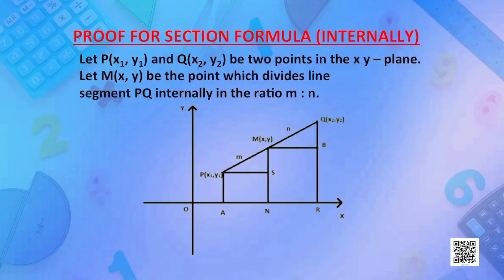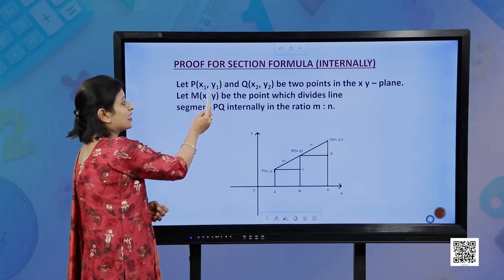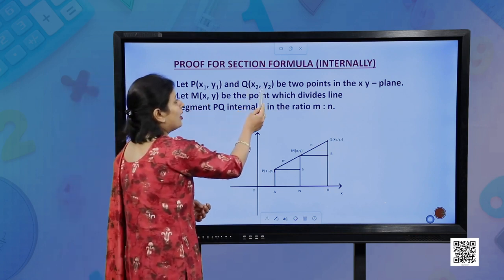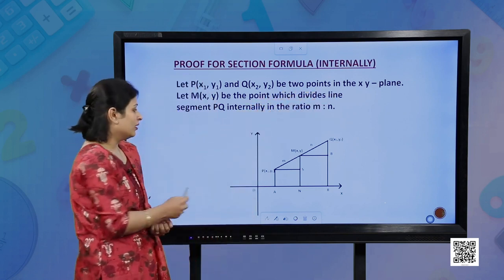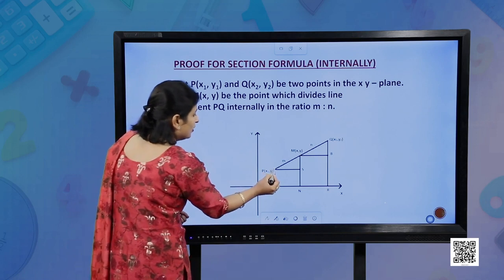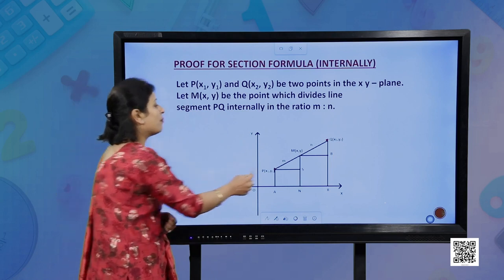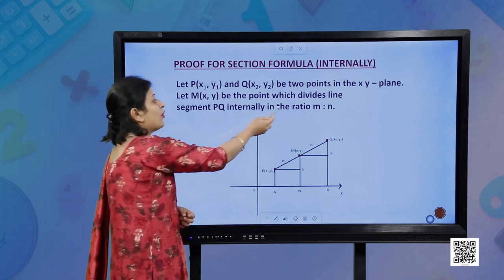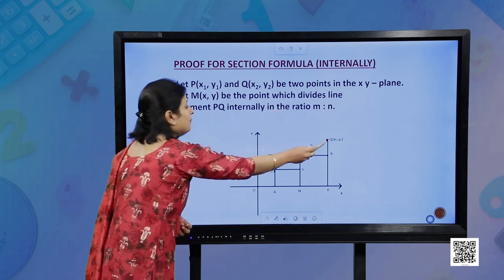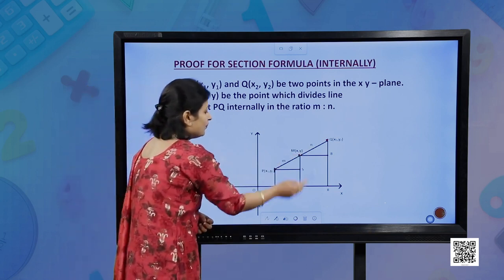Now, we will discuss how to derive this formula. Again we consider two points, let P (x1, y1) and Q (x2, y2) be two points in the xy plane. Here is point P, here is point Q, and we have taken a point M (x, y) which divides the line segment PQ internally in the ratio m is to n.